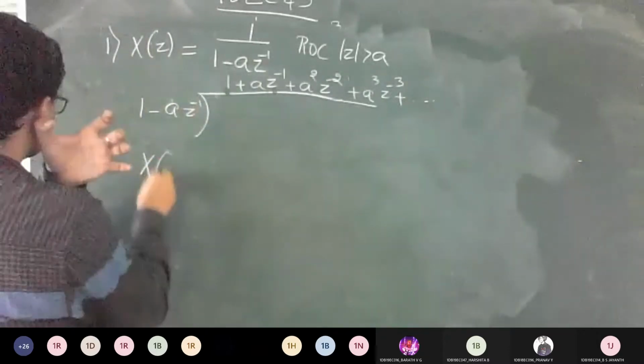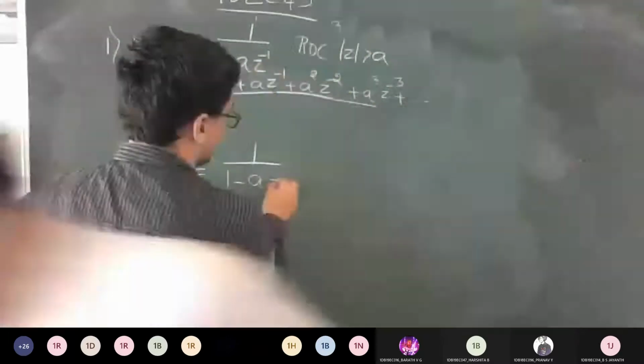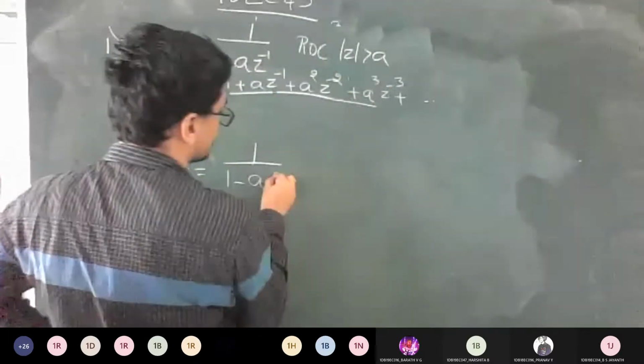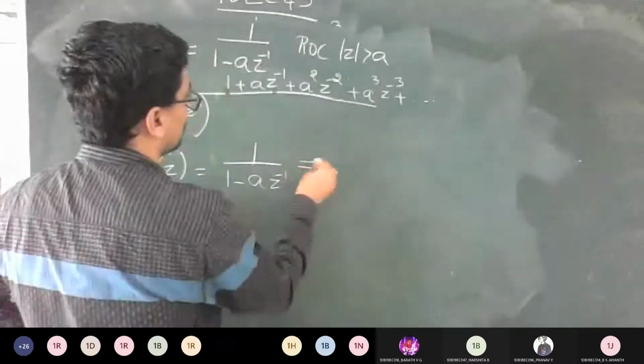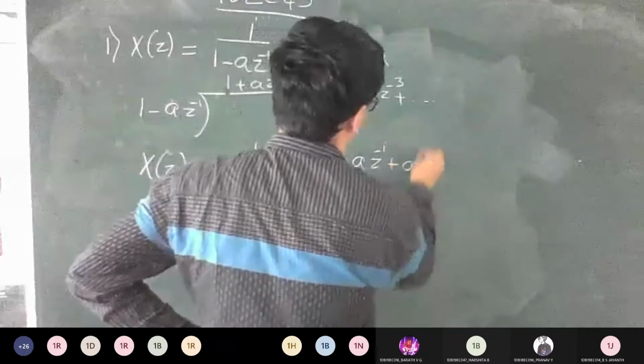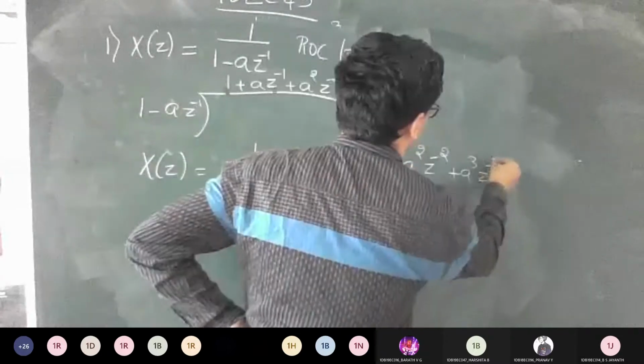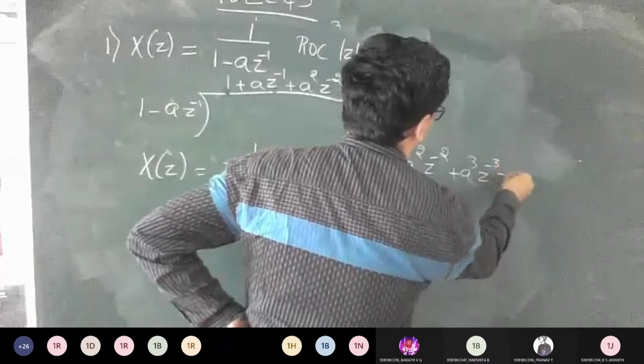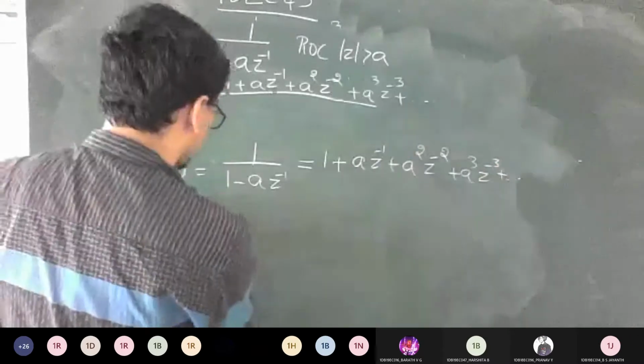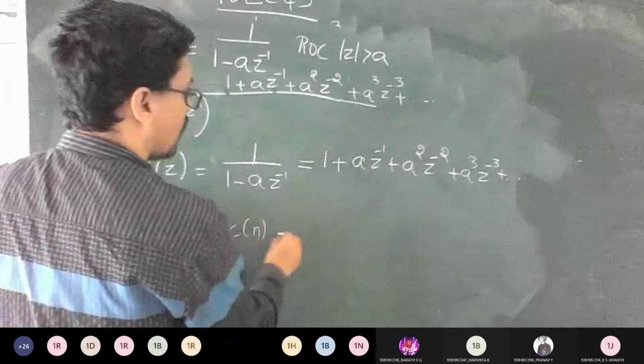So the X of z, what was given? 1 divided by 1 minus a z inverse, which equals 1 plus a z inverse plus a square z to the minus 2 and so on. So now tell me what is x of n for this?